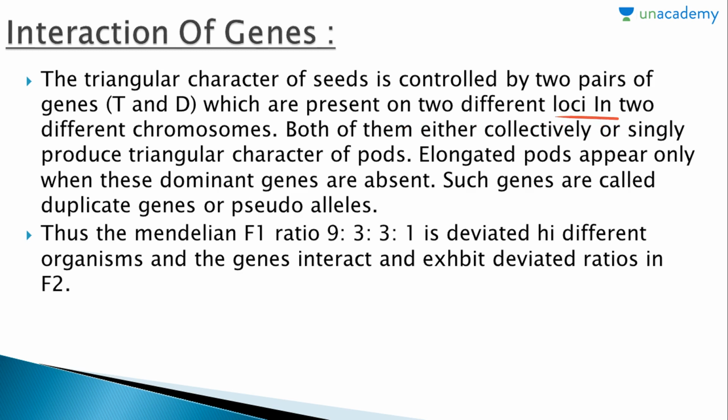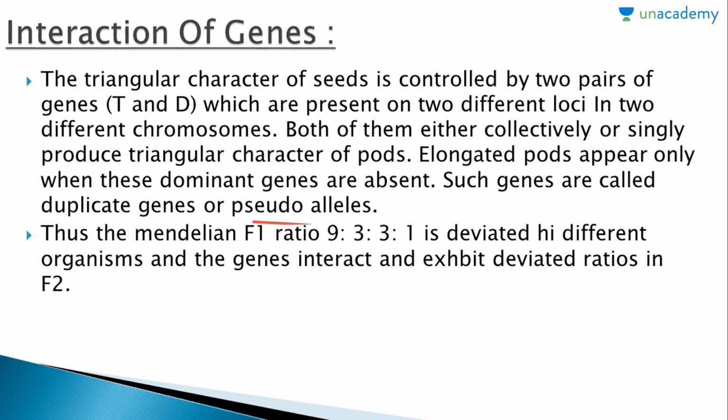Both of them, either collectively or singly, produce triangular pods. Elongated pods appear only when these dominant genes are absent. Such genes are called duplicate genes or pseudo alleles.